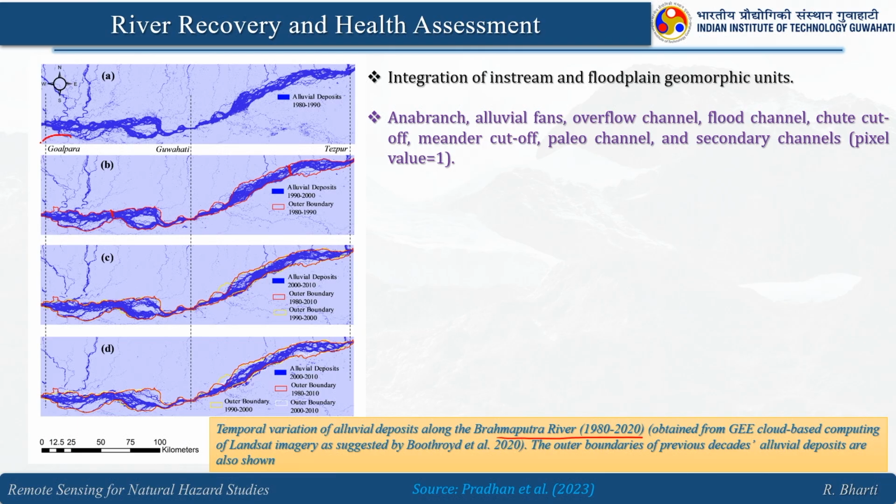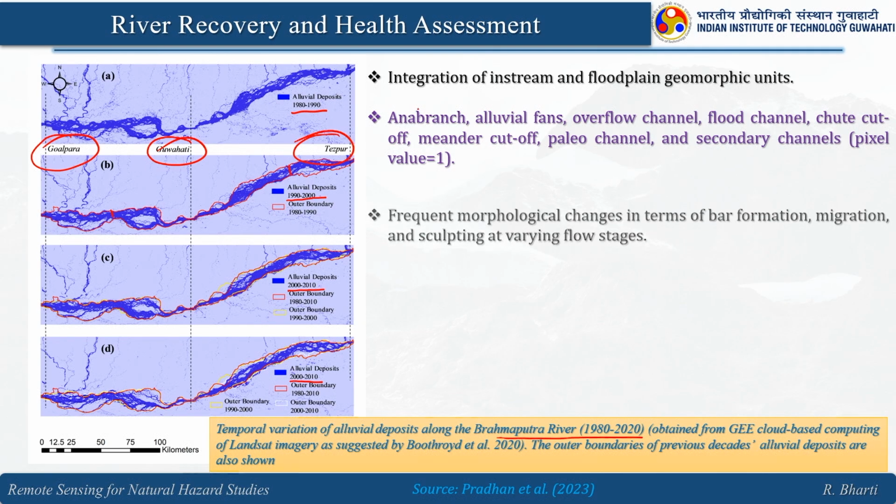This is showing Goalpara, then we have Guwahati, and then Tezpur. You can see how these are changing over time: 1980 to 1990, then 1990 to 2000, and then 2000 to 2010.